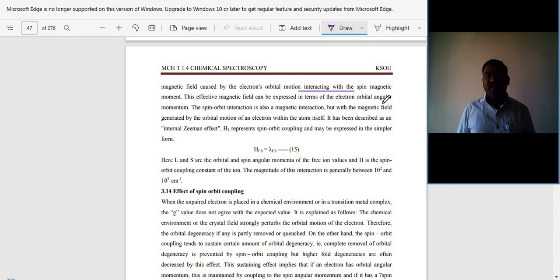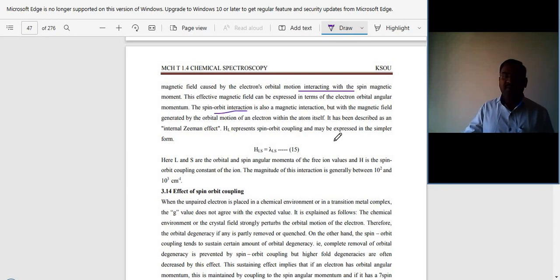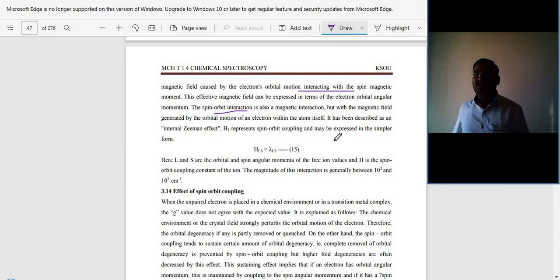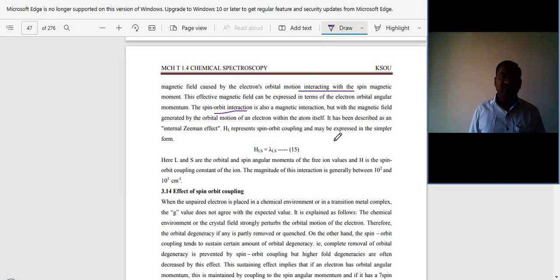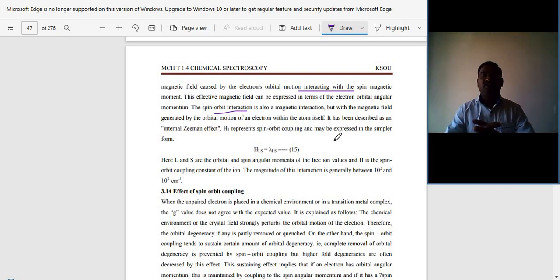This effective magnetic field can be expressed in terms of electron orbital angular momentum. The spin orbit interaction is also a magnetic interaction, but with the magnetic field generated by the orbital motion of an electron within the atom itself.